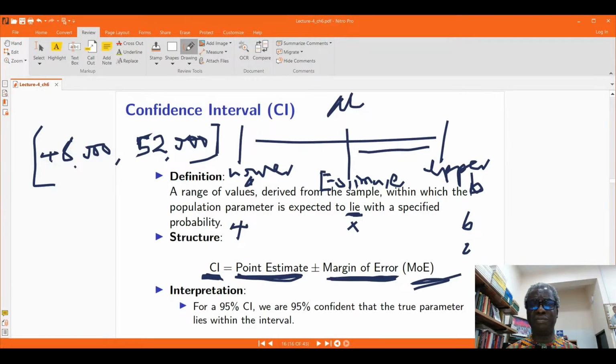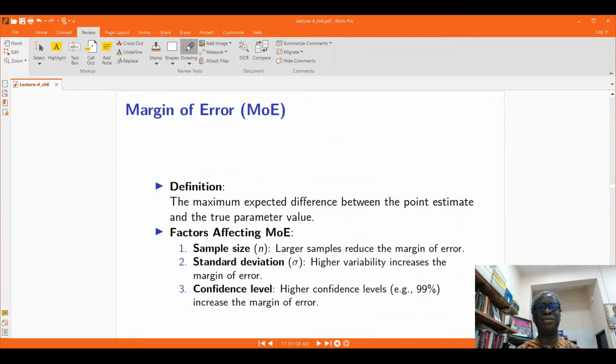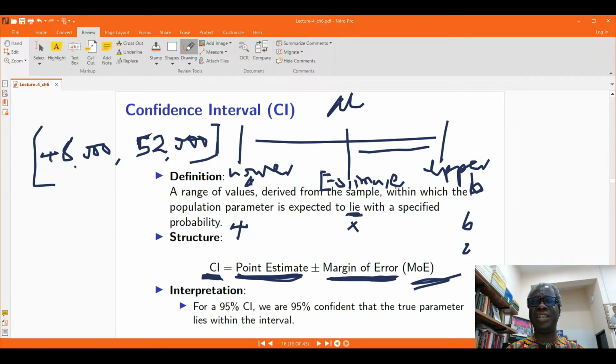So we can use that to obtain the point estimate. But how do we compute the margin of error? First, by definition, the margin of error is the maximum expected difference between the point estimate and the true parameter value. That is the maximum difference. If you add it to the estimate, that will give you the upper value.